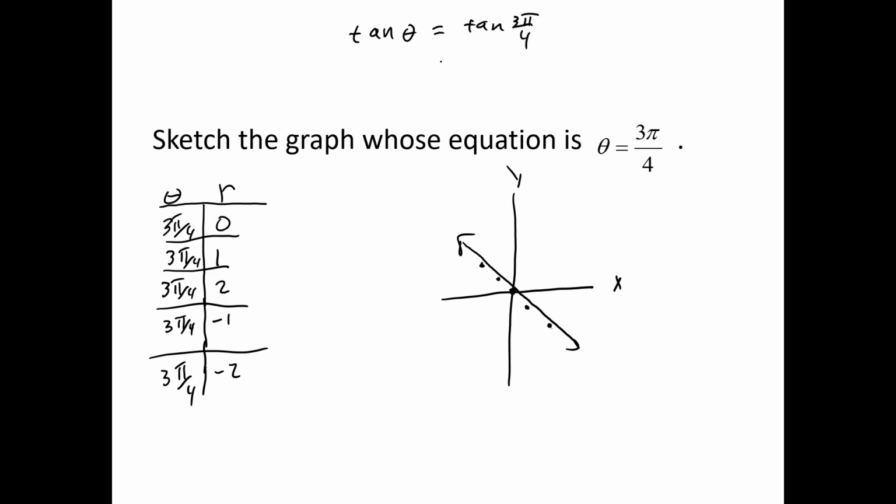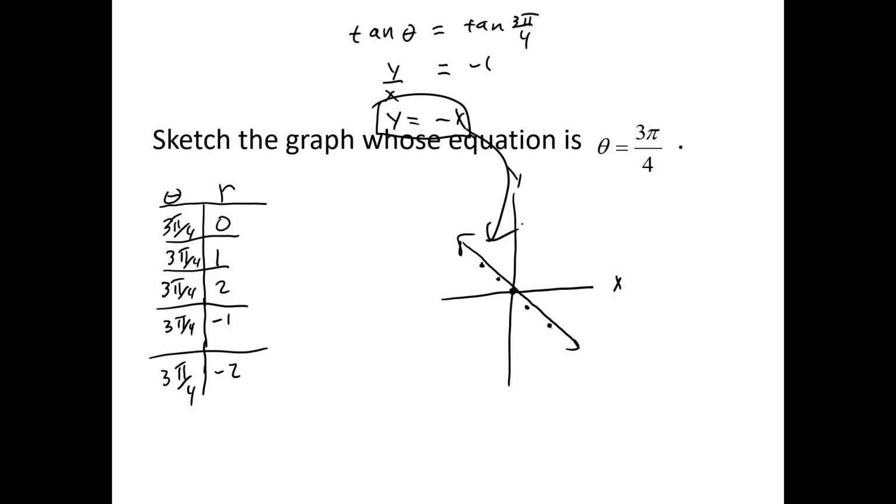And so then the tangent of 3 pi over 4 is negative 1. And tangent of theta, if you want to put it back in rectangular equations, is y over x. And so you can see then that y is equal to negative x. That is the equation of this line.